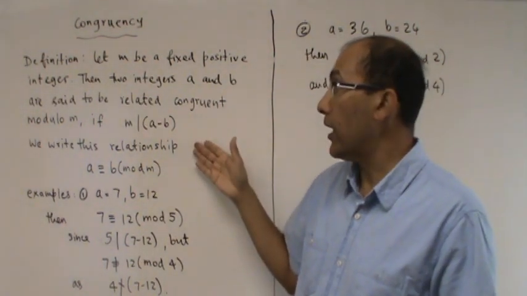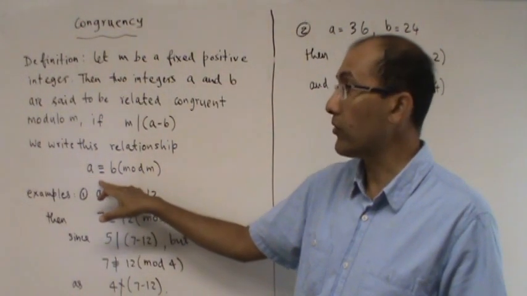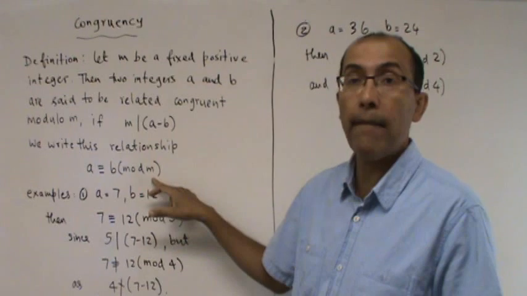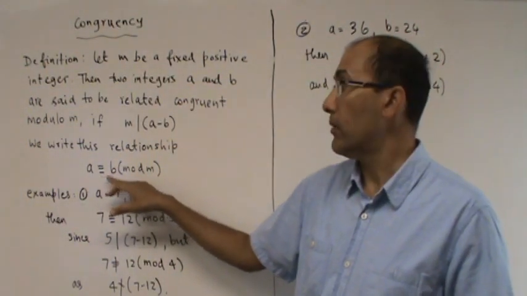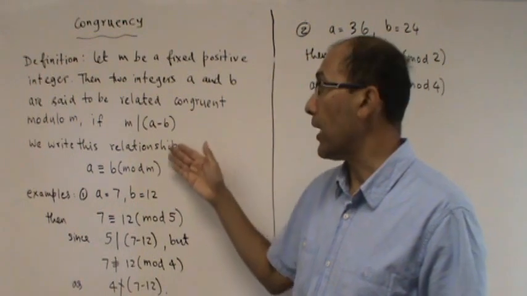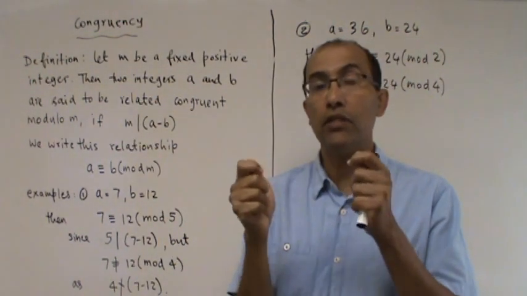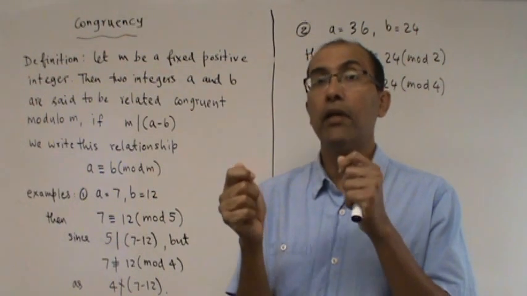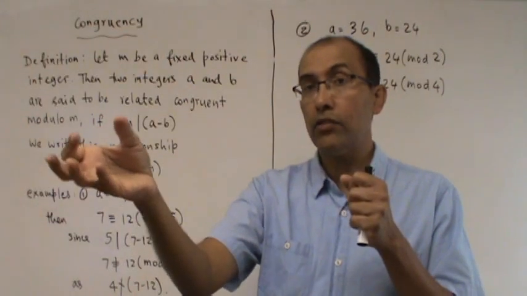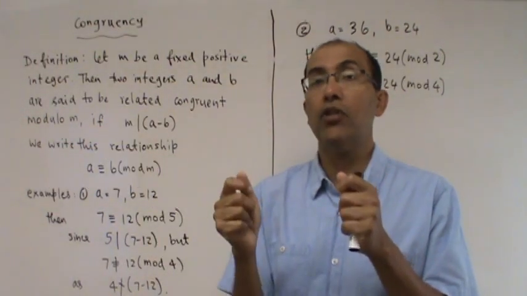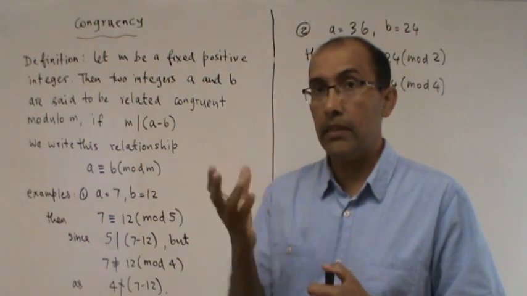And we write this relationship between a and b in this form: a is congruent to b mod m. So we read it, a congruent to b mod m. So that means a and b are related. There is a connection between these two integers a and b, and the connection is through this integer m, and the connection is that a minus b can be divided by m, is a multiple of m.